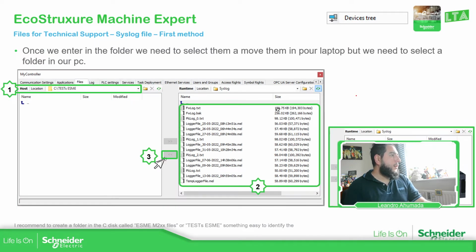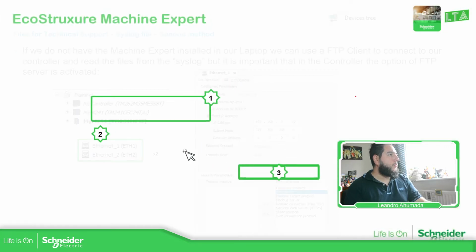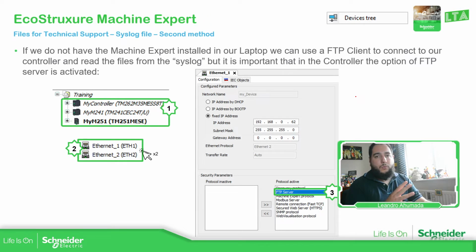Then the other thing that we can do, this is useful when you have the Machine Expert with you, but if you are not able to access the Machine Expert because you don't have it or whatever, it is important, if it's possible, with these cybersecurity things, that the FTP is enabled.